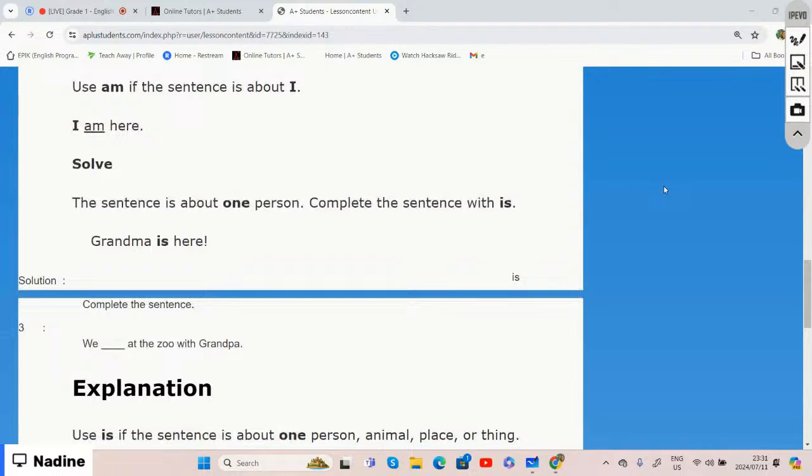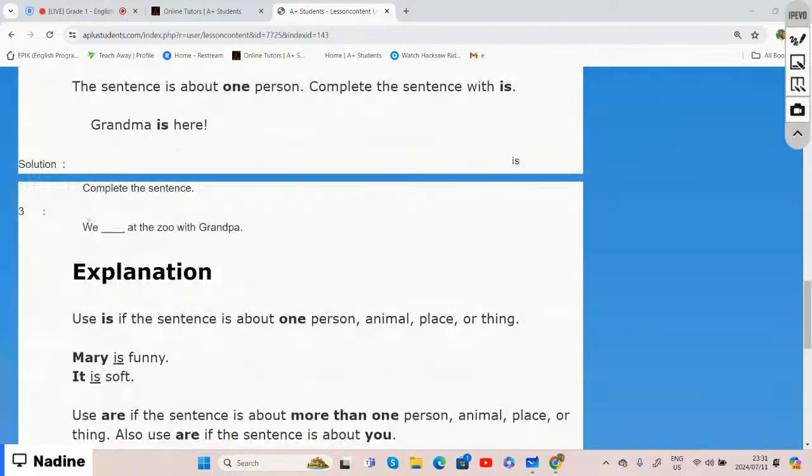Get the last one. It says we. We refers to more than one person, right? So we say we. Do we say we is at the zoo with grandpa? We are at the zoo with grandpa, or we am at the zoo with grandpa? Which one is correct?